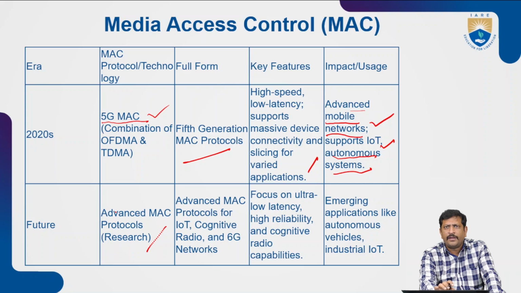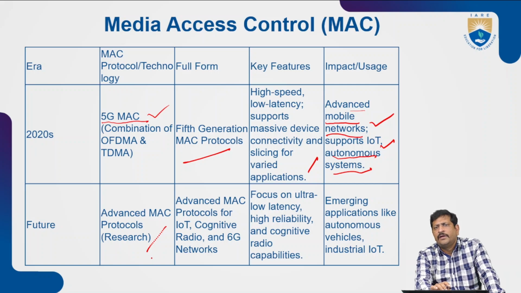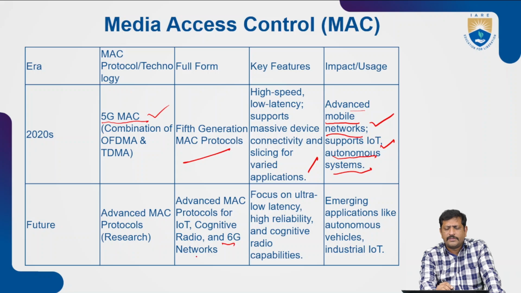In the future, research is going on in the development of the advanced MAC protocol, for IoT, connectivity radios or 6G networks. Mainly this advanced MAC protocol is focused on ultra low latency, high reliability, and connectivity.